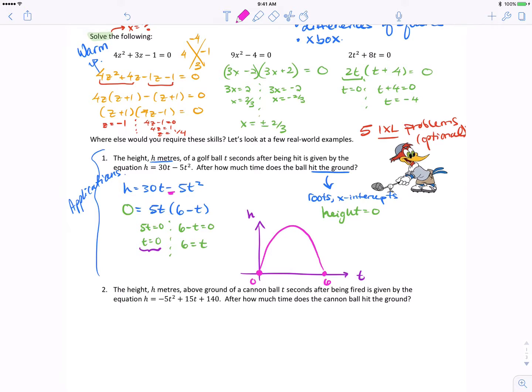So this is the case of the golf ball. After how much time does the ball hit the ground? Therefore, after 6 seconds, the ball hits the ground. Make sure to include your concluding statements, as those will be communication marks on any assessment.